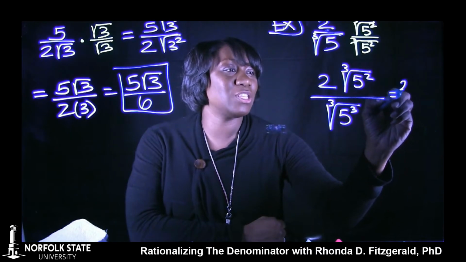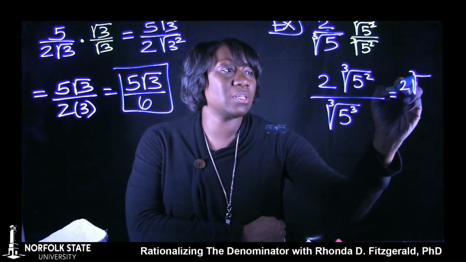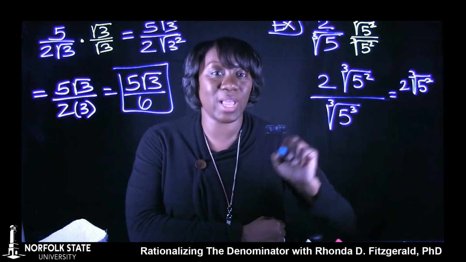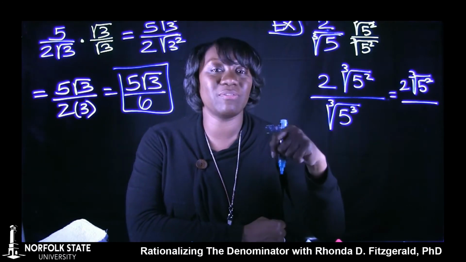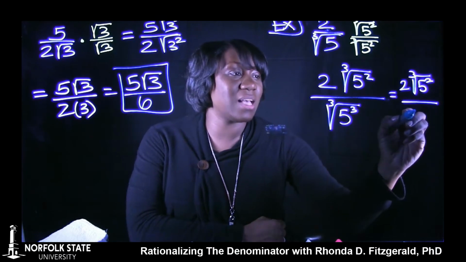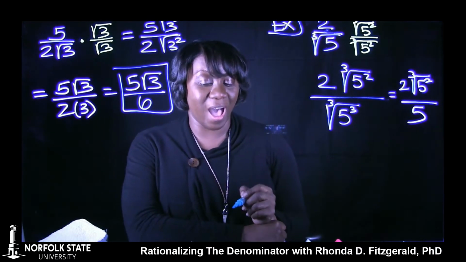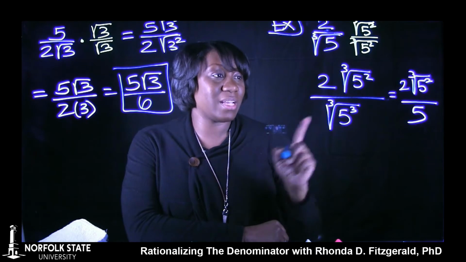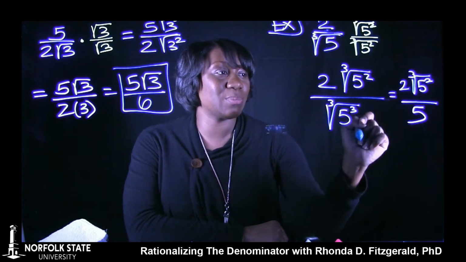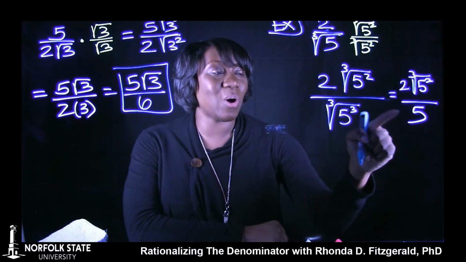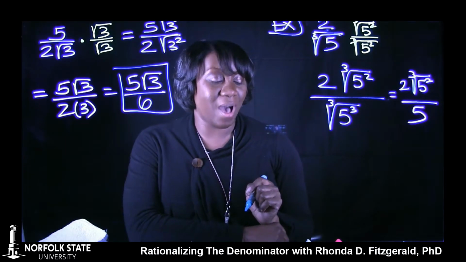We have 2 cube roots of 5 squared over the cube root of 5 cubed, which simplifies to just 5. So there is the final answer for this problem: 2 cube roots of 5 squared, all divided by 5.